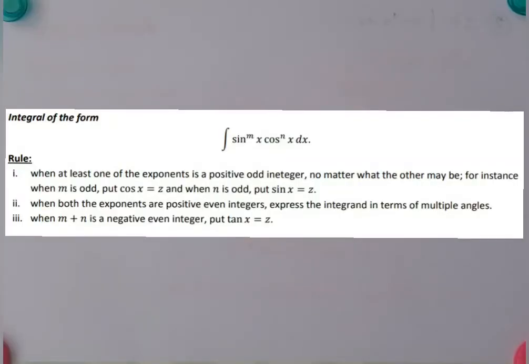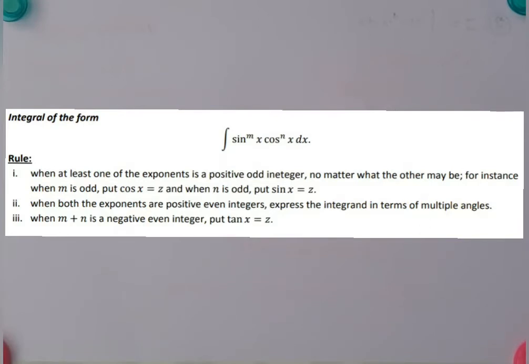Okay, so on the screen you have an integral of the form integral sin to the power mx cos to the power nx dx. Now if you look at the rule, there are 3 different cases. The first case says when at least one of the exponents, m or n, is a positive odd integer, no matter what the other may be.